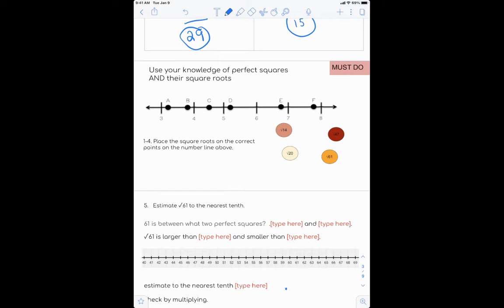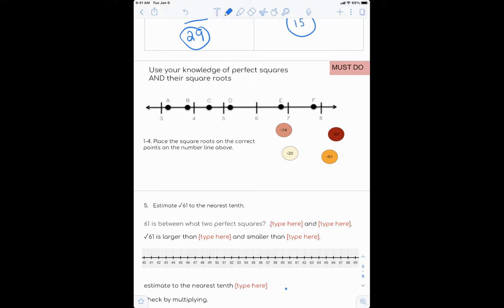You can physically move these on your Google Slides. I unfortunately cannot, so I'm just going to place the actual numbers above the different points on the number line.